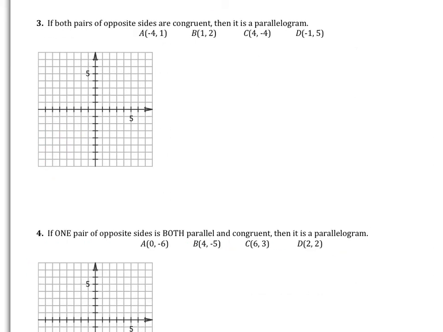Okay, so our next theorem says, if both pairs of opposite sides are congruent, then it is a parallelogram. As you can probably guess, we're going to start by graphing these 4 points. One thing I would like to point out before you start graphing is that point D should be -1, -5. Sorry.